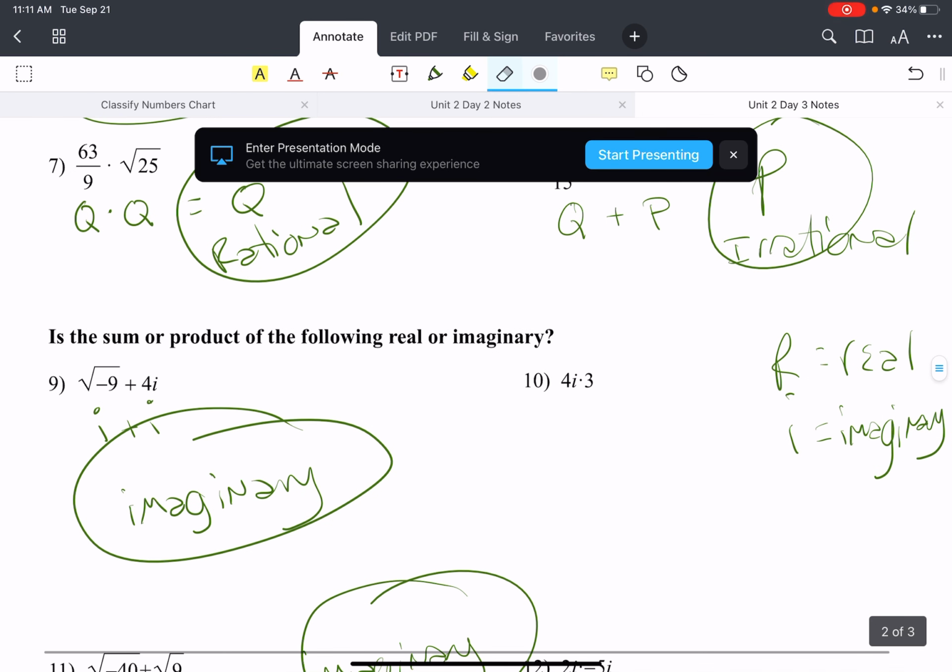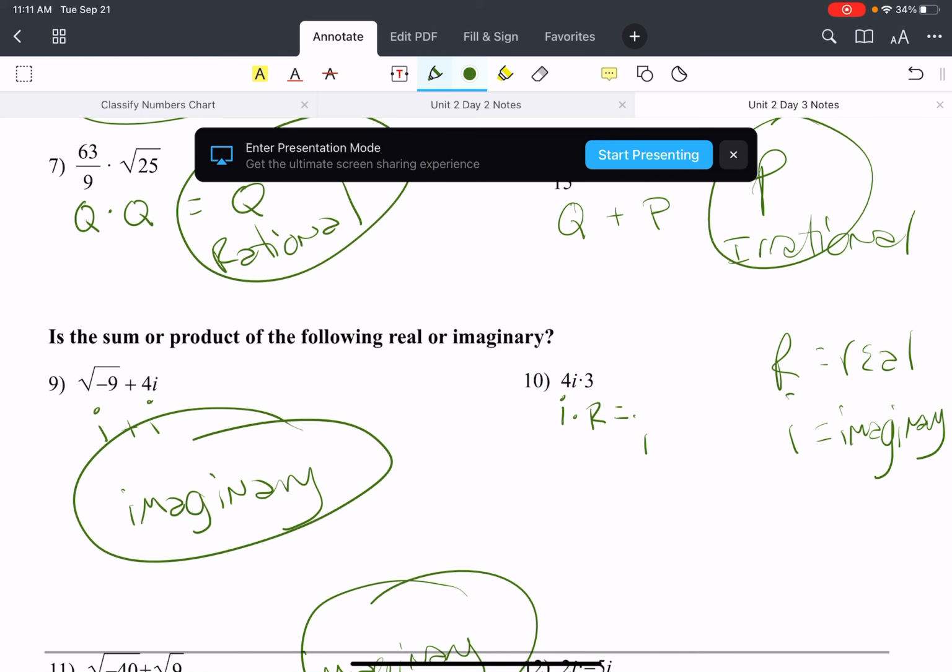So on number 10, that one is an imaginary number times a real number. So is my answer imaginary or real? We're on number 10 now. So I have an imaginary times a real. So is my answer imaginary or real? Imaginary.